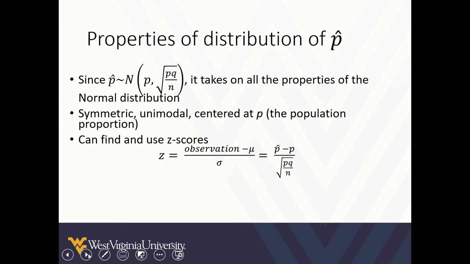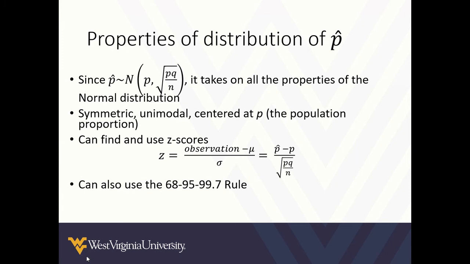And so for us, we can remember that our z-score is our observation minus the population mean divided by the population standard deviation, which in this case, applying it for proportions, is going to be p hat minus p divided by the square root of pq over n. And we can also use applications of the 68, 95, 99.7 rule.